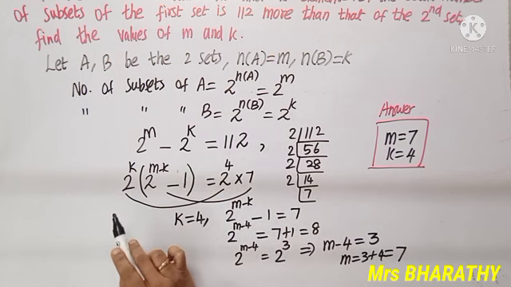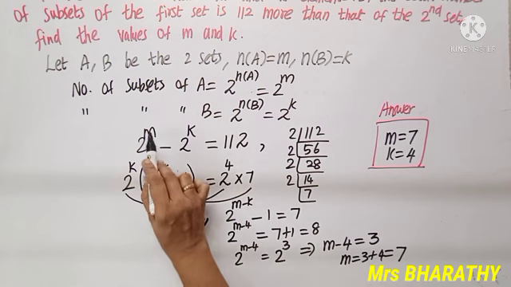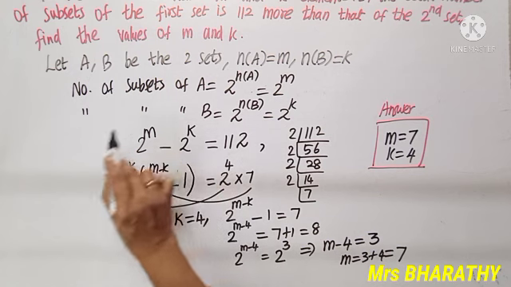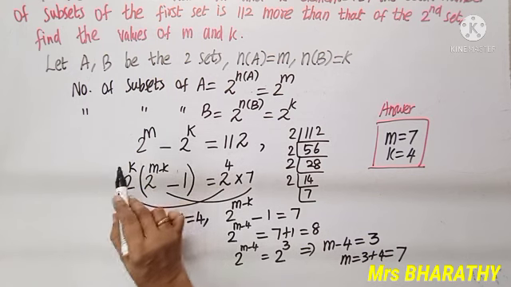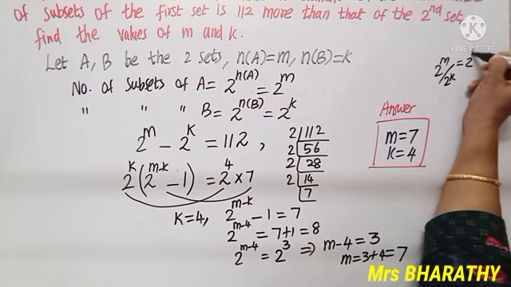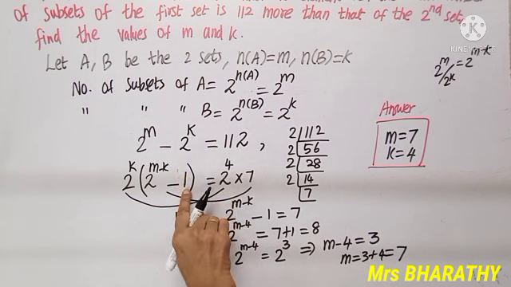Take 2 power k out. As we take power k out, it is 2 power m minus k, because whenever I take a number, I divide. 2 power m divided by 2 power k is 2 power m minus k. 2 power k by 2 power k is 1.